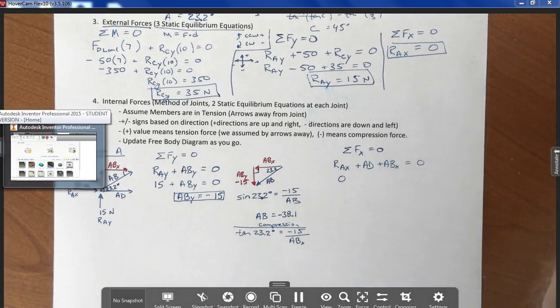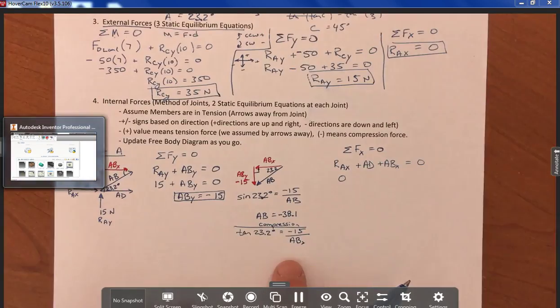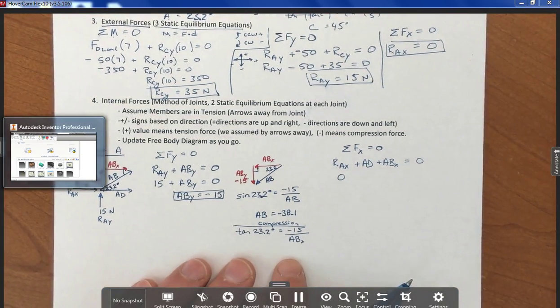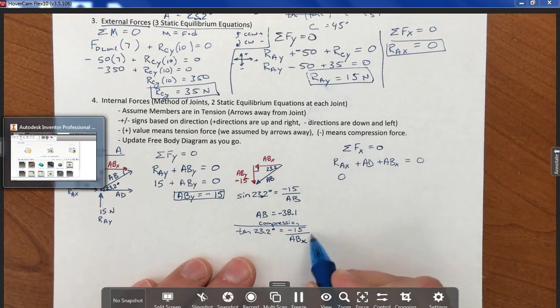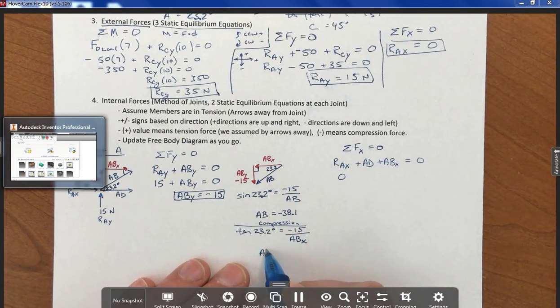I don't know if my screen went out there on you for a second. And then I'm going to, again, just do a little bit of algebra, multiply both sides by the ABX, so it's out of the denominator. Okay, divide both sides by the tangent of 23.2.